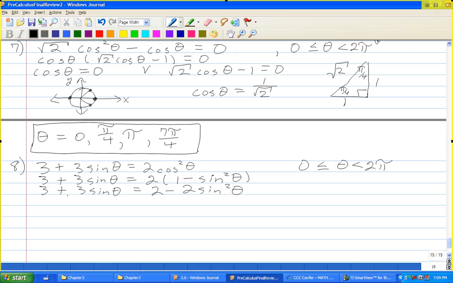Adding 2 sine squared to both sides of your equation. Subtracting 2 from both sides of your equation. Factoring.